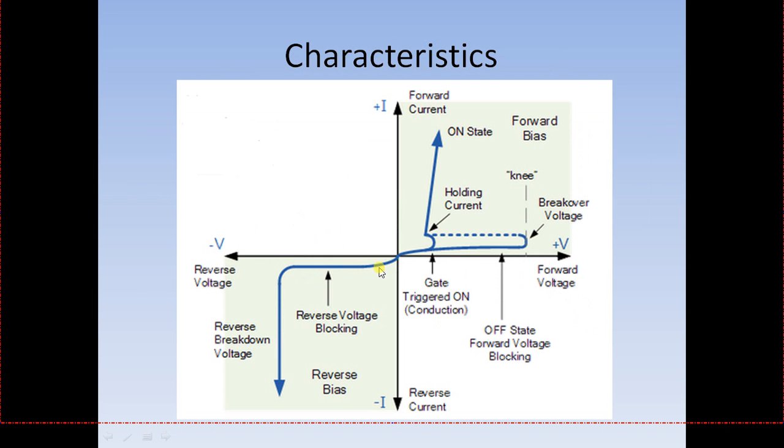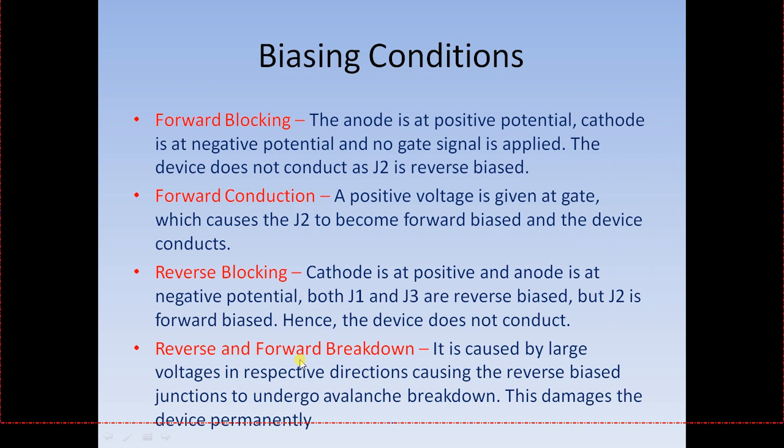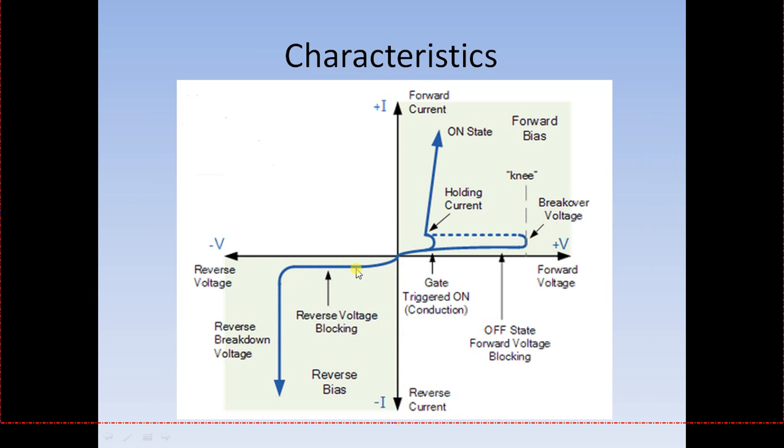Okay, so we have a forward blocking region, a forward conducting region, and conduction is possible only due to gate triggering. And the last one is the reverse breakdown, similar to that of the diode.